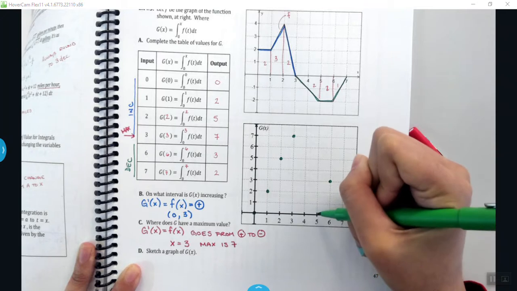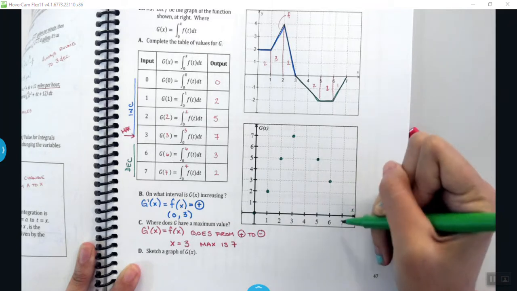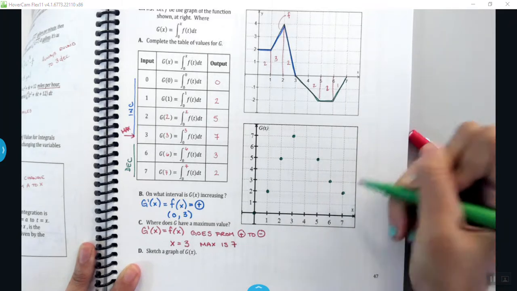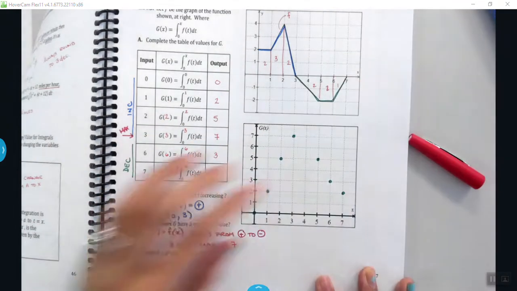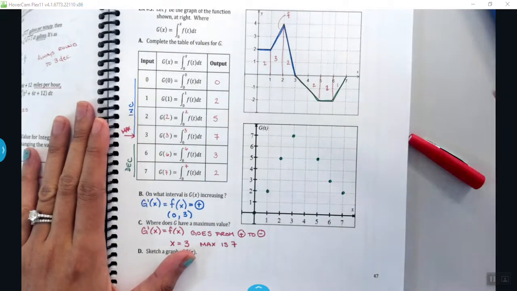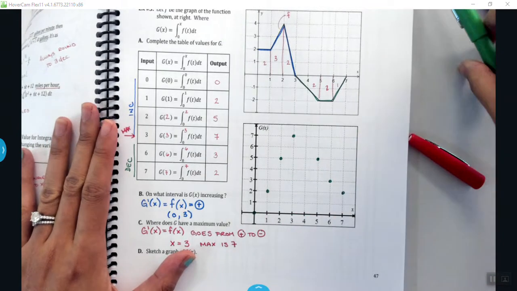I'm going to plot 5, 5 again. Yeah, thanks. And then 7 and 2. All right. And then how do you connect these? Well, you can see increasing to decreasing. It's very easy to see that.